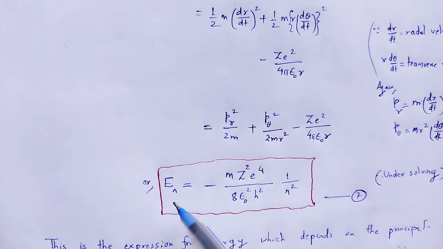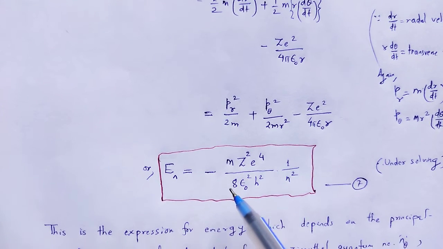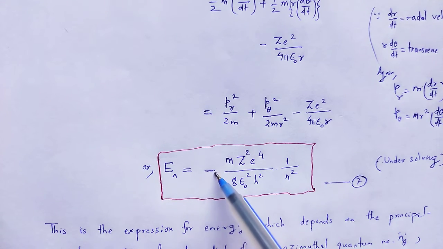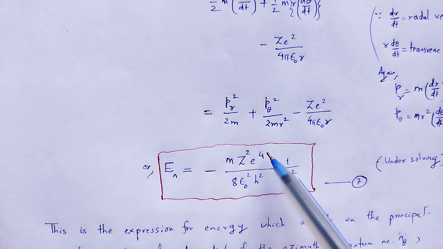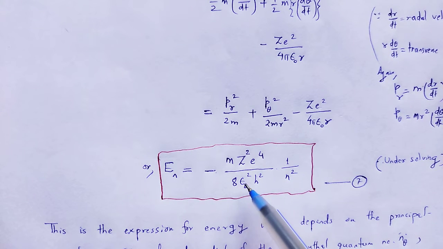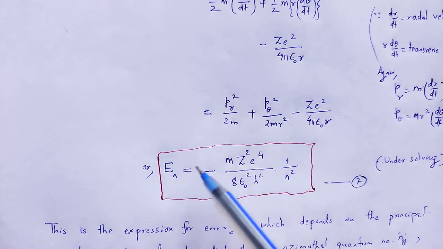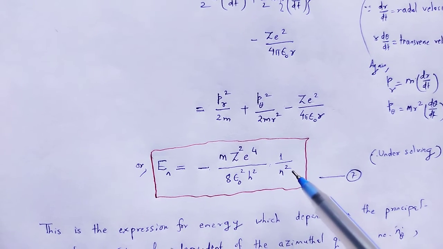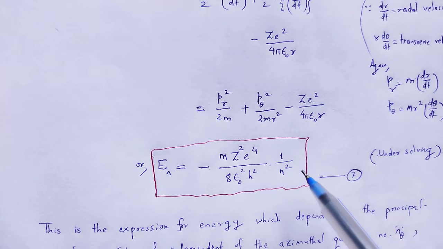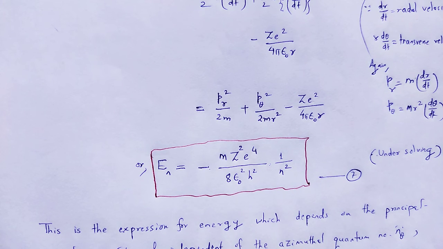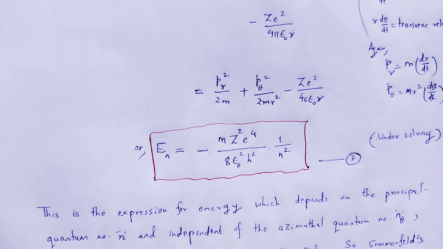Only the final expression for energy: minus m Z² e⁴ divided by 8ε₀²h², times 1 divided by n². This is the expression for energy as derived by Sommerfeld using his assumption of the electron revolving around the nucleus in an elliptical orbit.